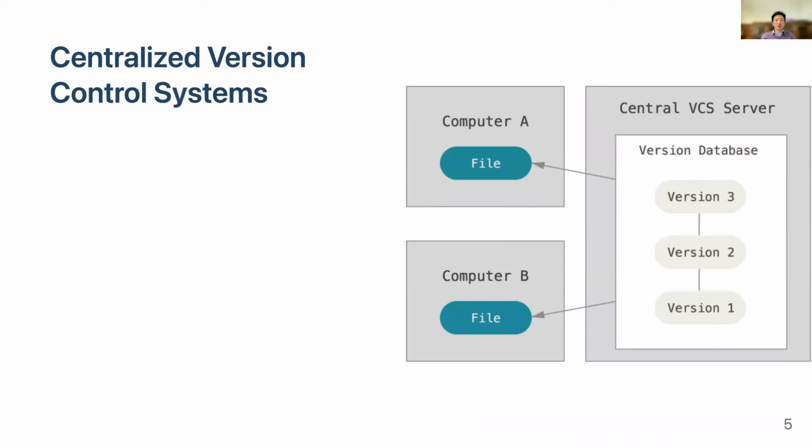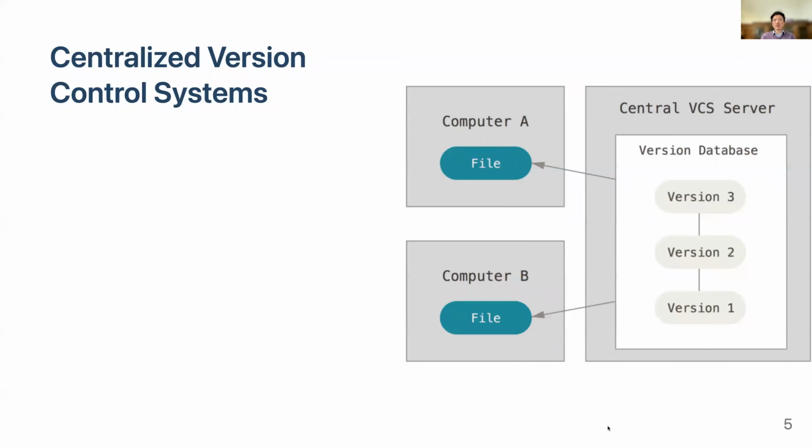Okay, an improved version, or more complicated, advanced, depends on what you think, is a centralized version control system. So how it works is you have this version control system which runs on a server that each individual computer would have access to.